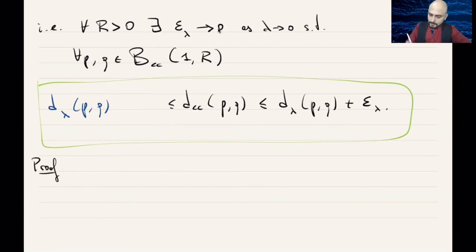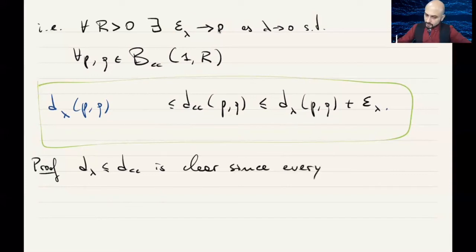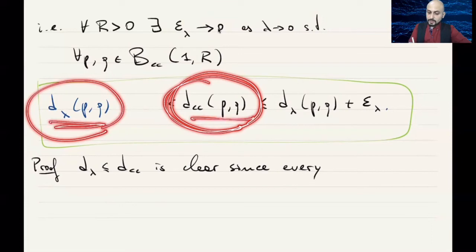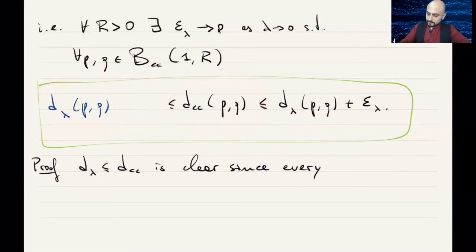So the proof. The fact that d lambda is always smaller than dcc is clear, since every horizontal curve, every curve that is defining this distance, is of course a horizontal curve also for the sub-Riemannian distance, and the length is exactly the same. But here we have more curves to infimize over.